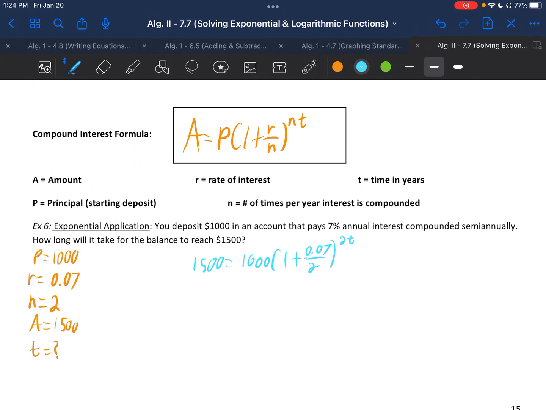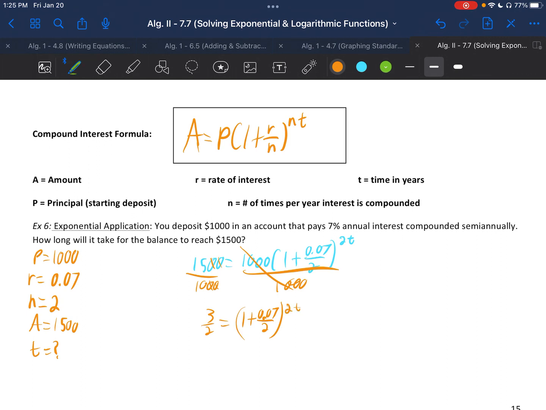So in order to solve for t, I'm first going to divide by 1,000 to try and get this part as much by itself as possible. Just like we were trying to get exponents by itself before, just a little more complex. Divide by 1,000, slash off those zeros, and I really get 3 over 2 is equal to 1 plus 0.07 over 2 to the power of 2t.